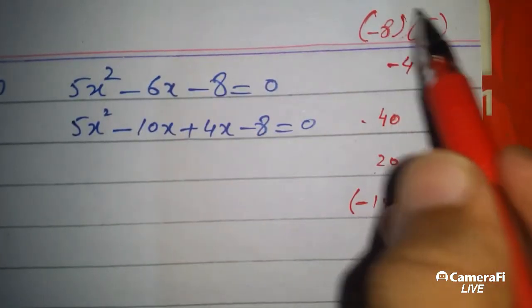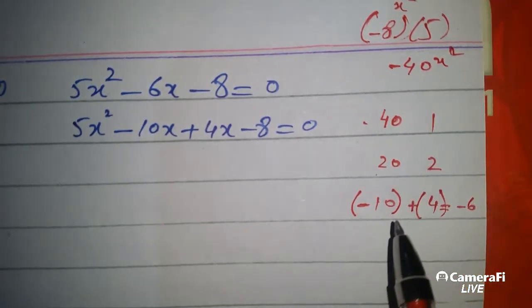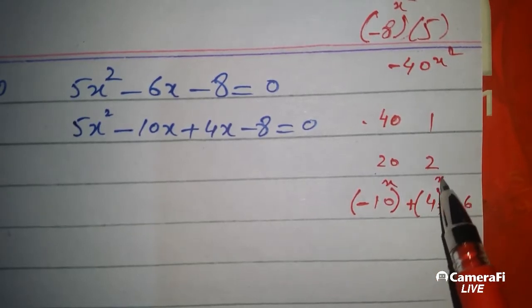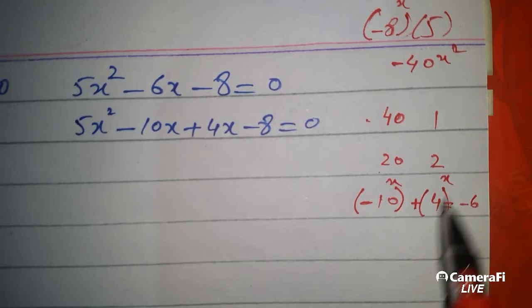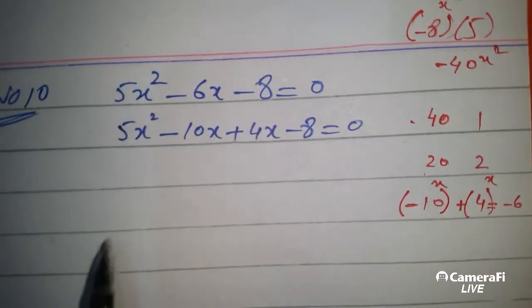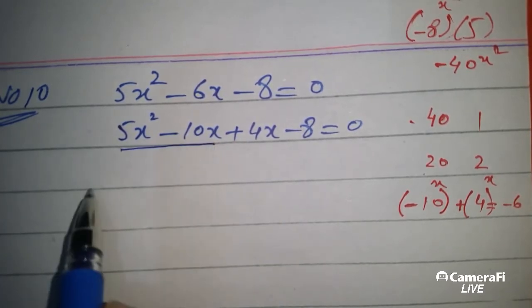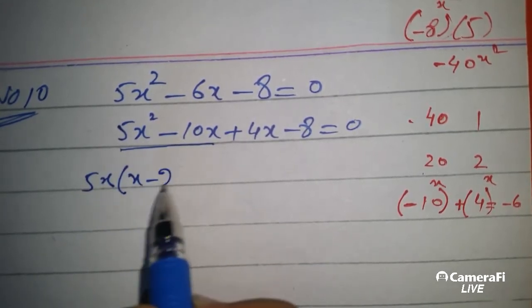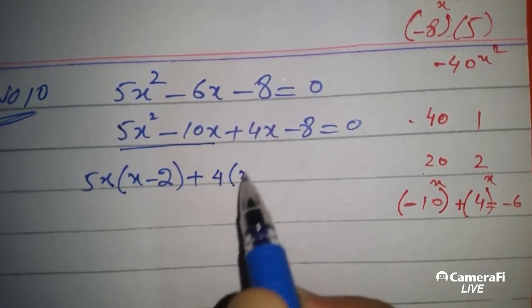Of course x square is also there, so x square can be written as 1x with this one and 1x with this one, so it becomes -10x and plus 4x. So these are the factors that I have written here. From these two terms I can take 5x as a common factor, 5 2s are 10, and from these two terms I can take 4 as a common factor.